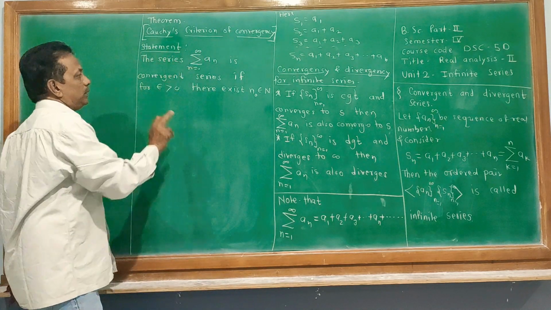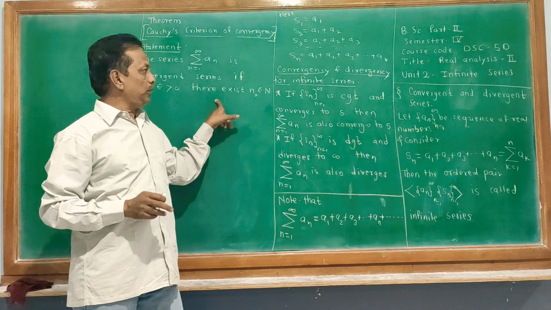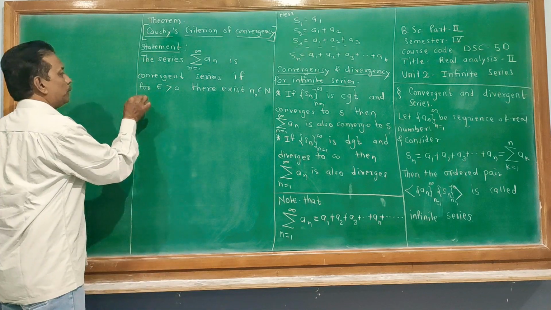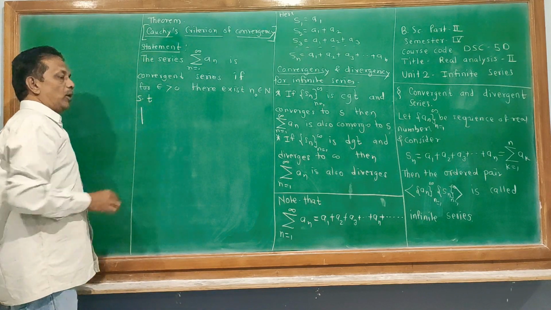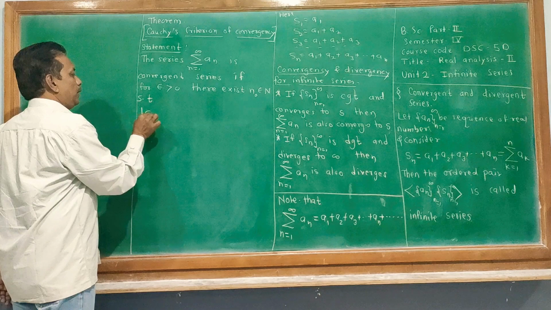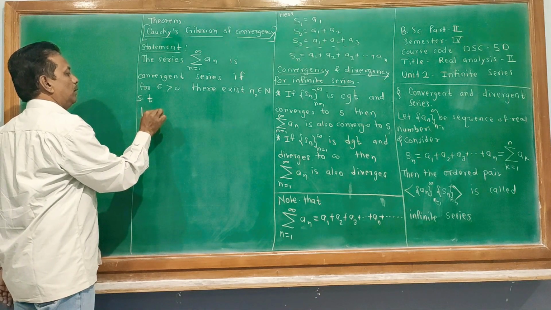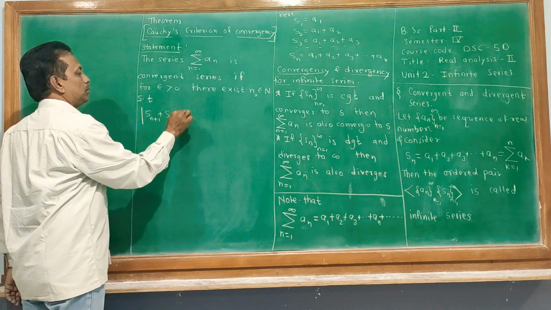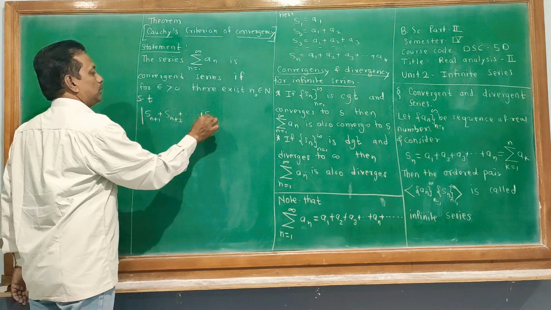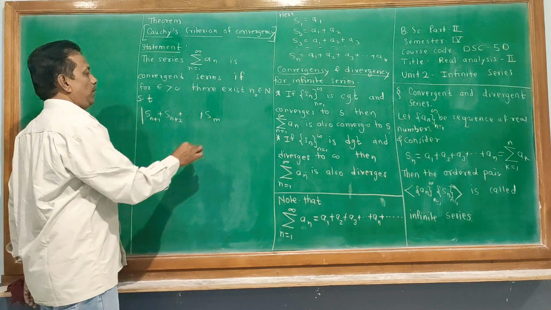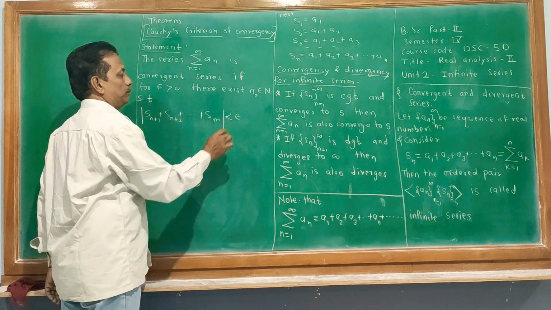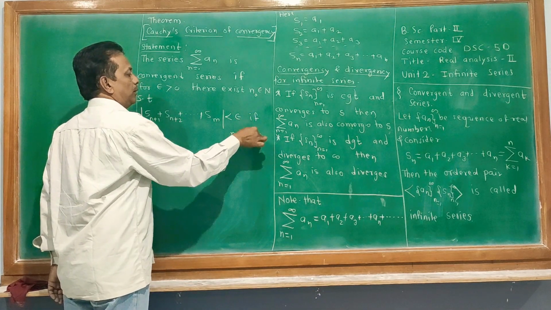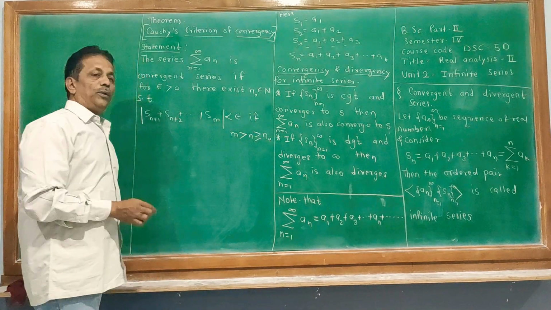Therefore, the series is convergent if for epsilon greater than 0 there exists n0 belonging to N such that absolute value, or mod, you may say, A(n+1) plus A(n+2) plus dot dot dot plus Am, less than epsilon, if m is greater than n, which is greater than or equal to n0.